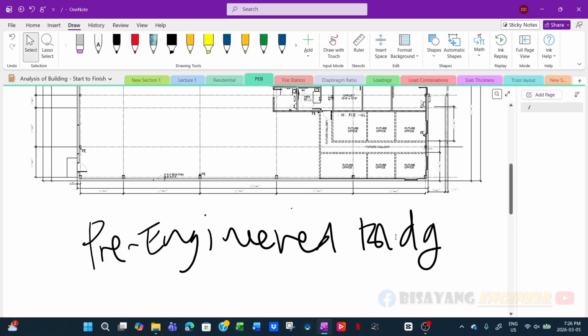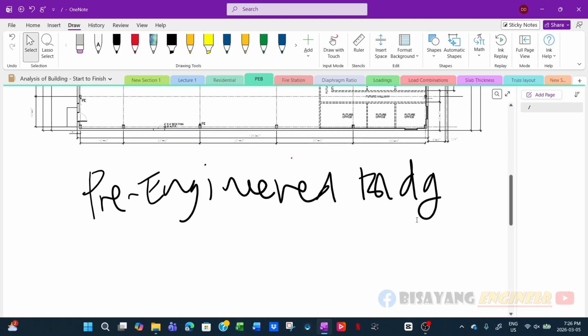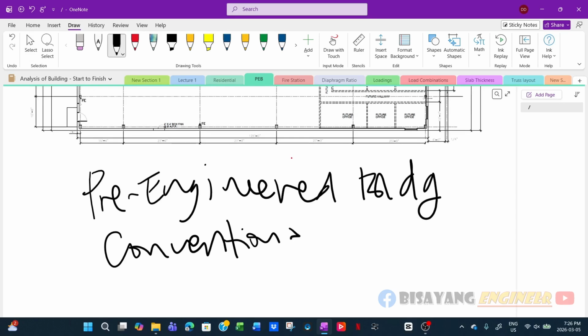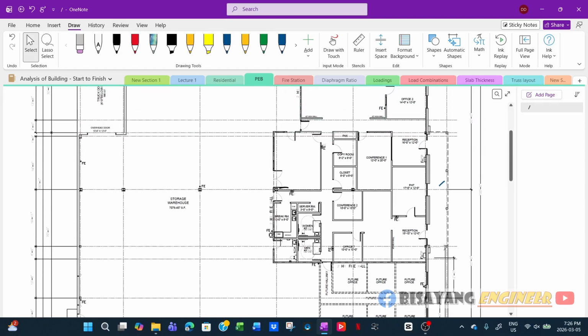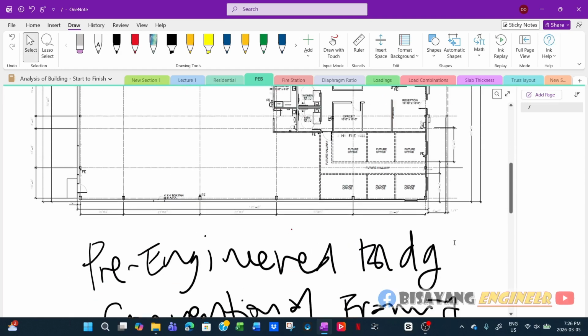And if it's a commercial building, conventional framing will be used.